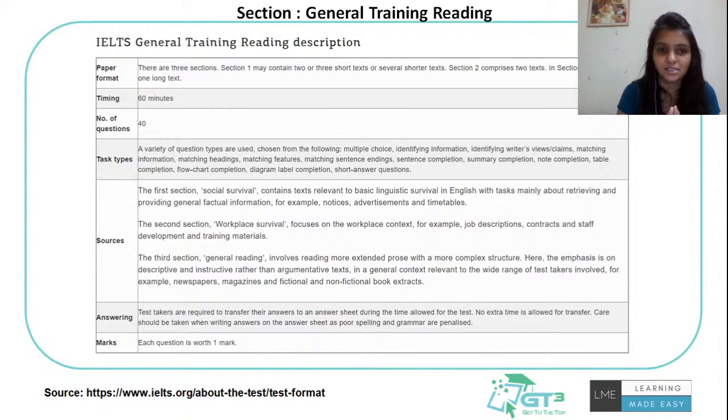The third section would be related to magazines, fiction and non-fiction stories from newspapers and articles, and will be given different types of complex language. And there is no negative marking, so you can attempt all the 40 questions.